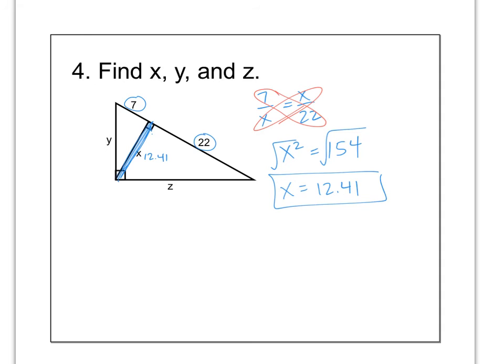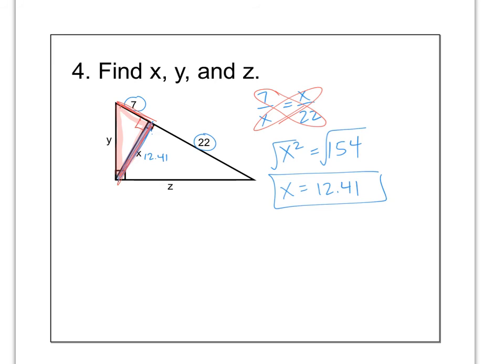You're going to want to use the small triangle over here on the left to find y. And you're going to do the Pythagorean theorem because this is going to be a 90-degree corner. We have this side is 7.